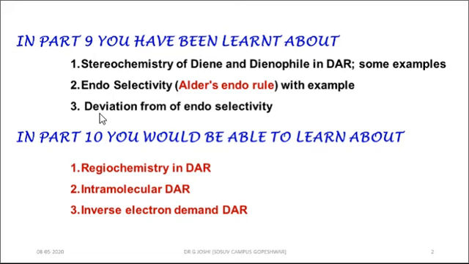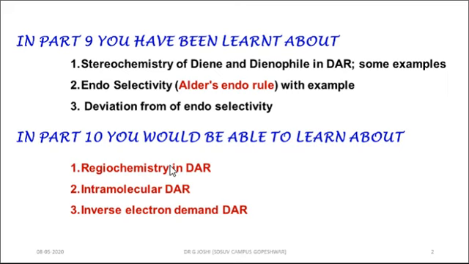We have also seen the reaction of furan with maleic anhydride, in which the deviation from endoselectivity was observed because of the lower reactivity of furan.